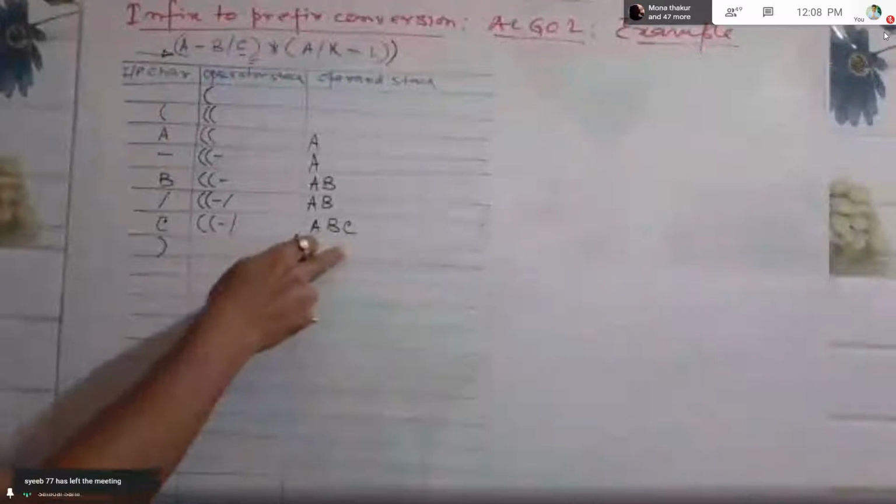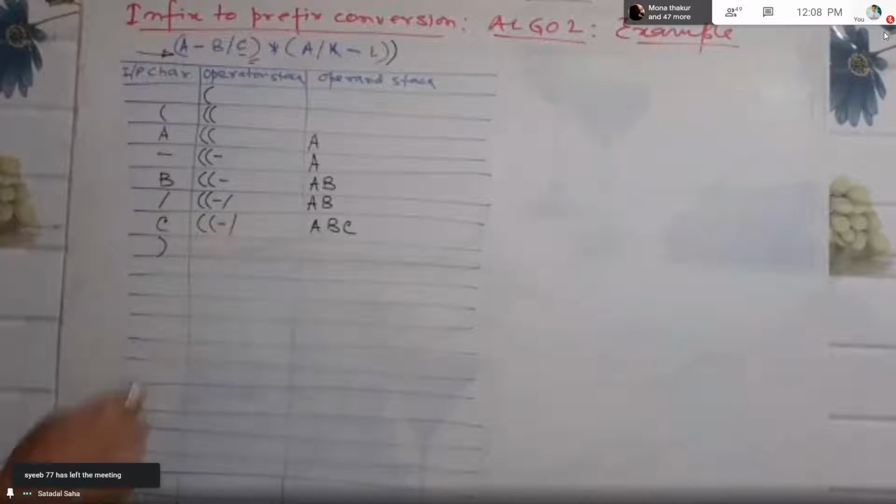And then there is a closing brace. This one. Now, when we face a closing brace, we need to pop the operator from the operator stack, concatenate with these two operands, and then put it in the stack.